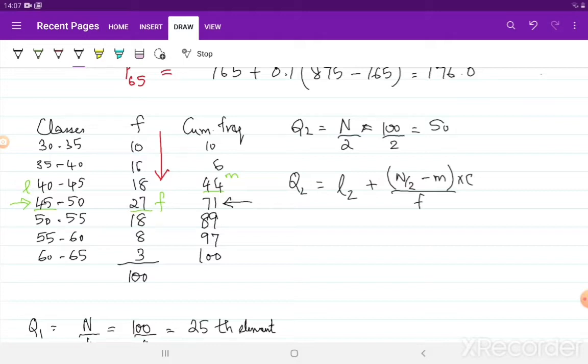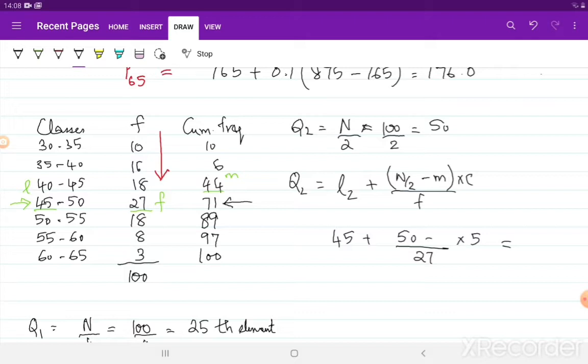So I can write that as 45 plus 50 minus 44 divided by 27 into c, which is 5. Sorry, I wrote 50 minus 5 by mistake.